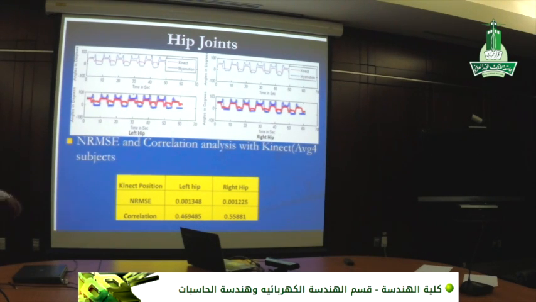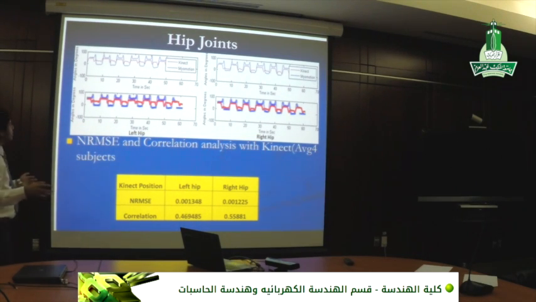Okay, in this figure, we are talking about the hip joint for the Kinect, which was in front of the subject. The red graph that you see in the figure is for the Kinect, and the blue one is for the Maya motion. The blue graph shows quite a clear curve because it's a standard marker-based system, which was expected to give perfect results.